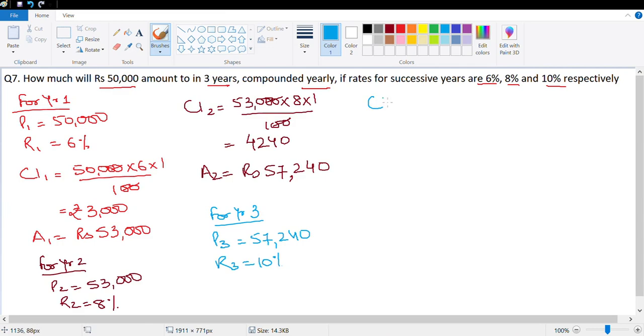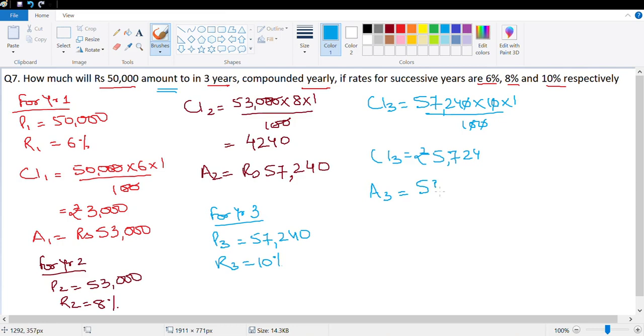So compound interest for year 3 would be 57,240 into 10 into 1 upon 100, which is equal to rupees 5,724. That's compound interest for 3 years. They want to calculate the final amount. So amount 3 would be 57,240 plus 5724.